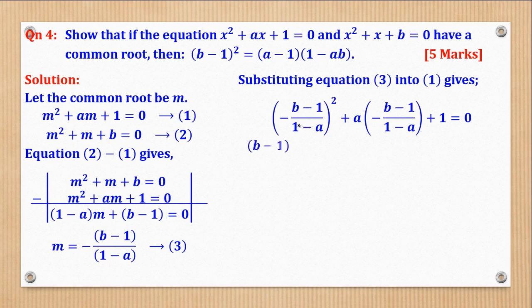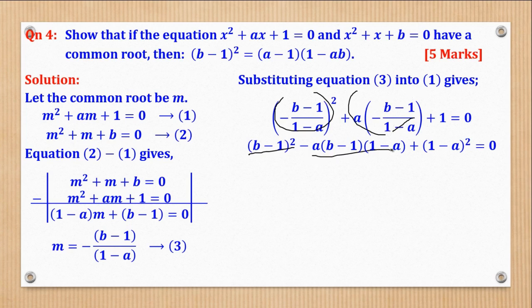Then from there, I'll multiply through by the LCM. The LCM is 1 minus a squared. Don't forget the square. So 1 minus a squared multiplied by the whole of this, the denominator goes away to remain with this alone. Then 1 minus a squared times this one, remember the denominator has 1 minus a, so the power goes away to remain with this.